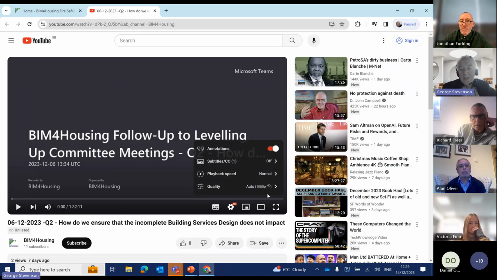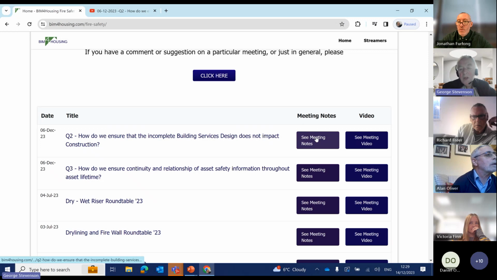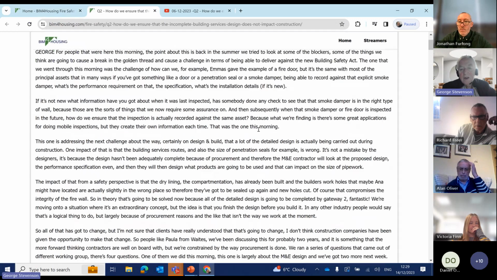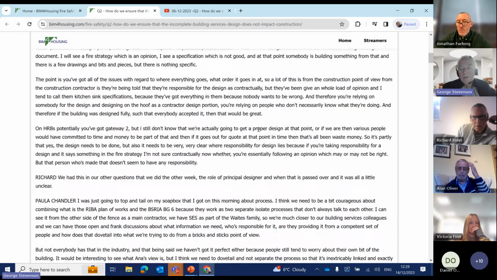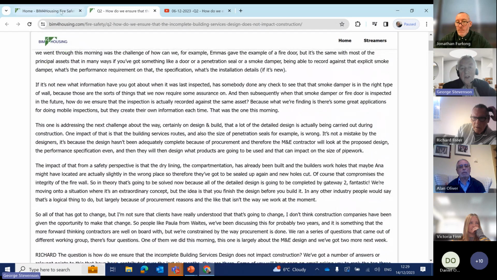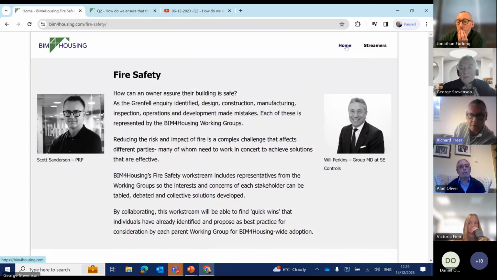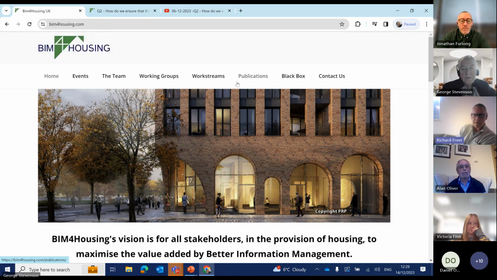I set it on a faster speed and go through, and you can pick up quite a lot from that. We also put the high points into a document. We'll email you those anyway, but if you want to look at anything historic, that's where it is on the BIM for Housing website.